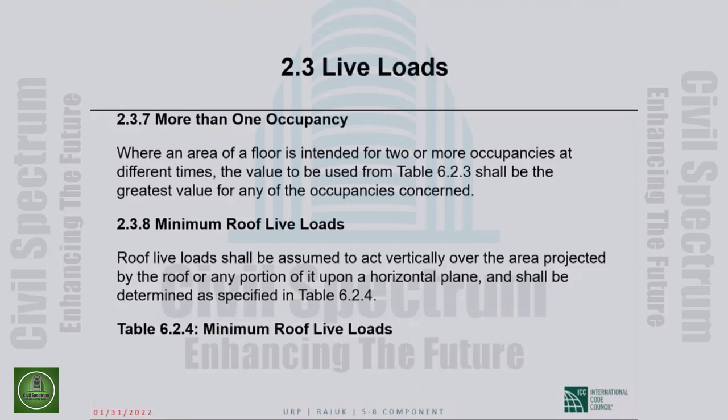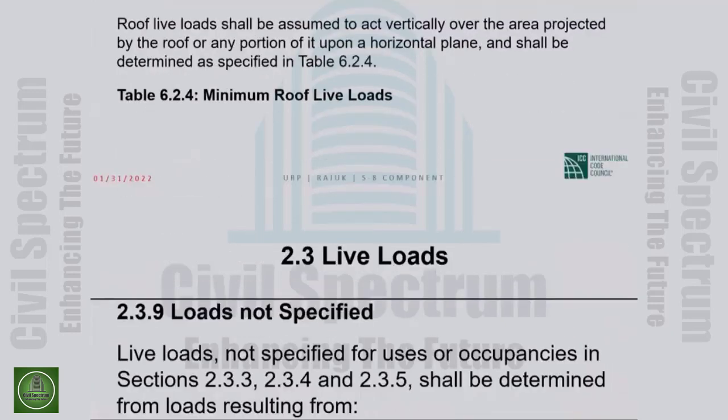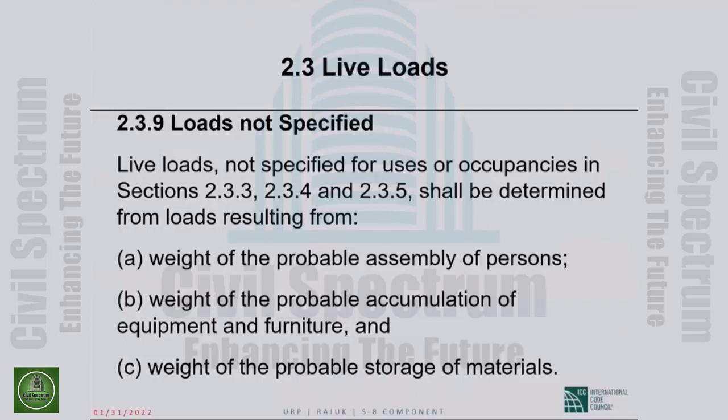That table has an entry for roof live loads. But the entry for roof live loads in table 6.2.3 makes reference to another table, 6.2.4. So 6.2.3 is the main table that you will go to, and you will go to 6.2.4 when table 6.2.3 sends you there. That's the best way to say it.